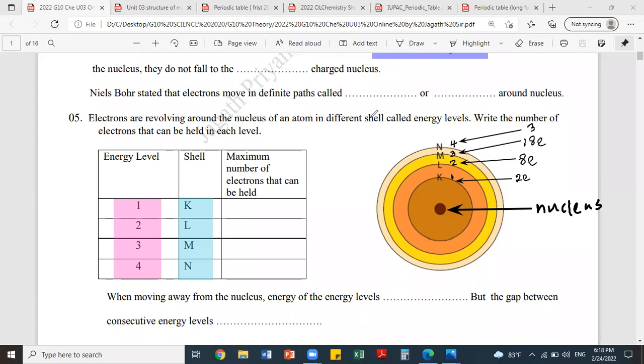So around the nucleus of an atom, there are the shells, and those energies in each energy level.